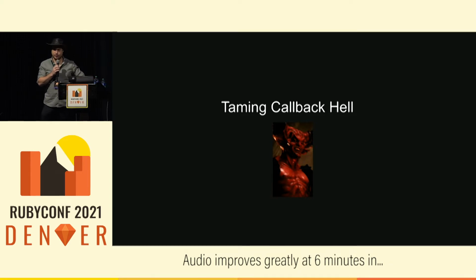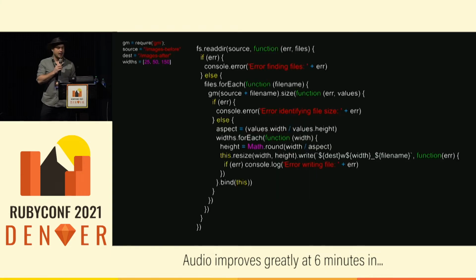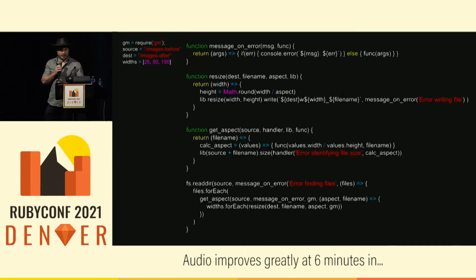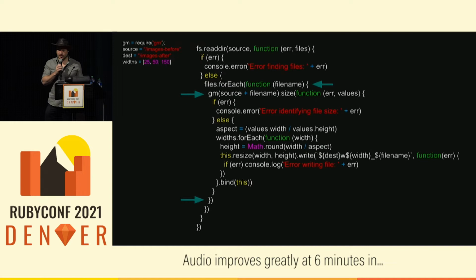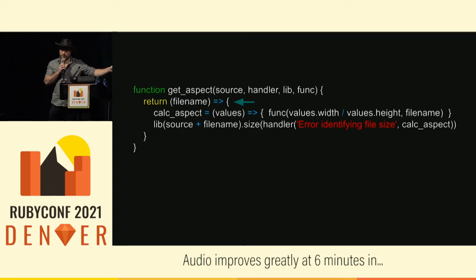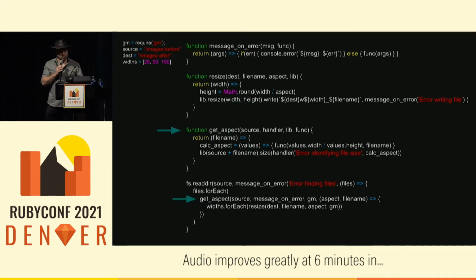I'm going to blaze through the JavaScript because we're here for the Ruby. So this is a big chunk of JavaScript that goes through a directory and creates a bunch of different images preserving aspect ratio. And we're going to recompose it into a much prettier curried function setup. So the first thing that I did is I pulled out the bit that gets the aspect ratio into its own function, placed it there.